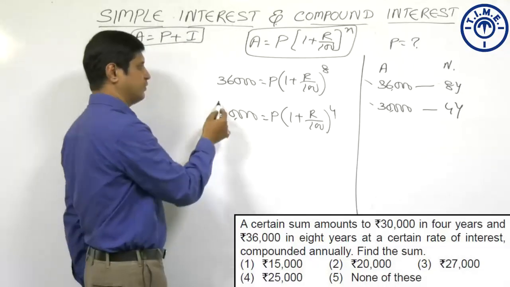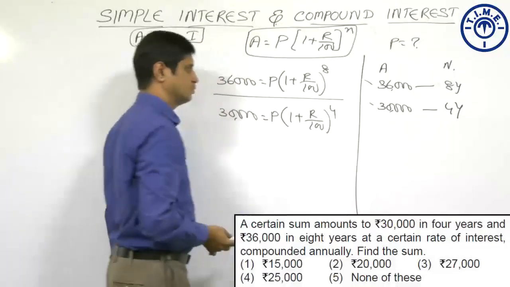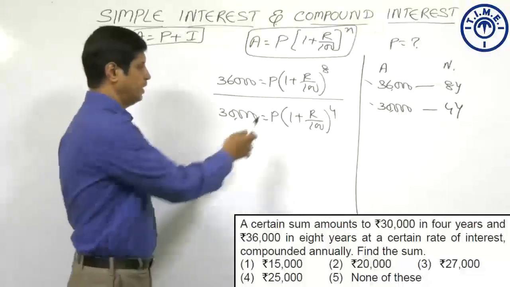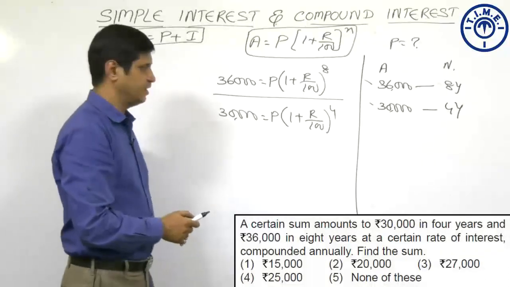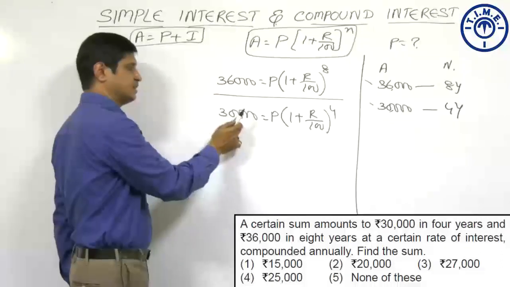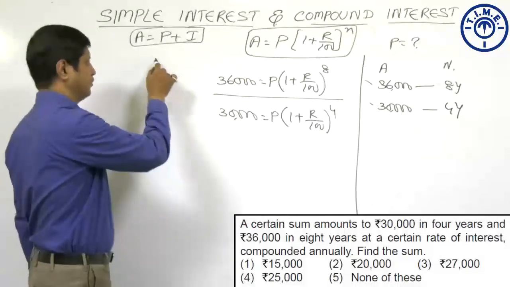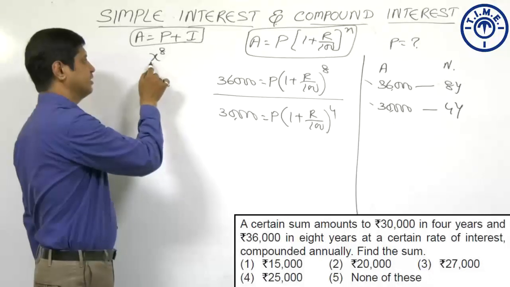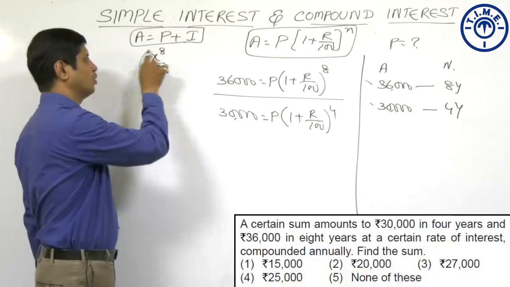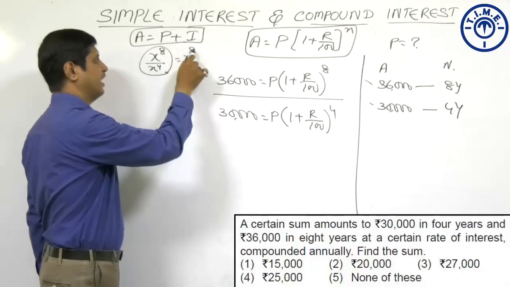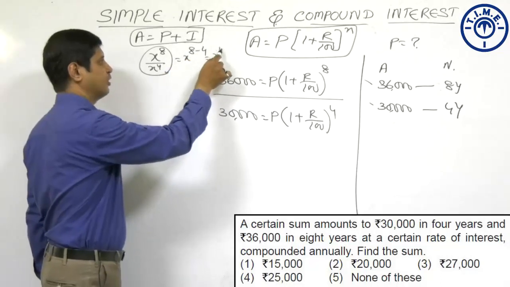Dividing statement 1 by statement 2, what is the result? P and P get cancelled. Remaining is 36,000 by 30,000 is equal to. Just look at this example: x power 8 divided by x power 4 means x power 8 minus 4, the result is x power 4.